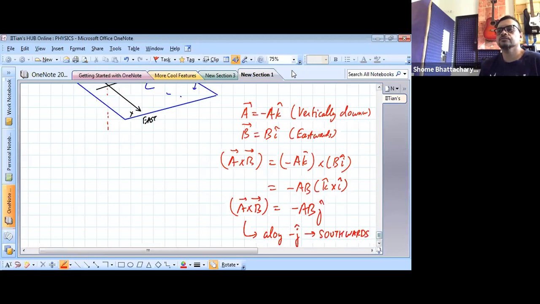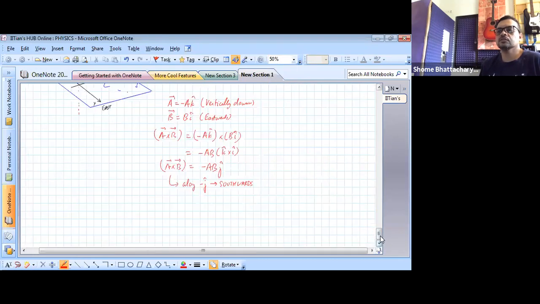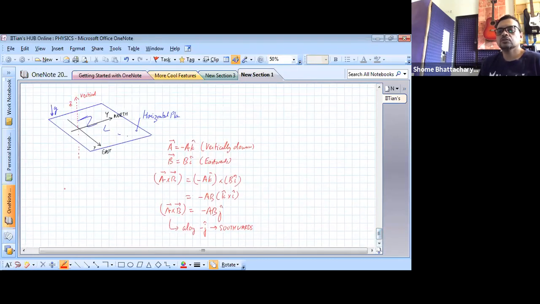Pointing south. So this same thing you can also understand by physically doing the cross product using your right hand thumb rule. So if the vector E is pointing vertically downwards like this and B is pointing eastwards like this, you can see that your thumb is pointing down and your fingers pointing in this direction.